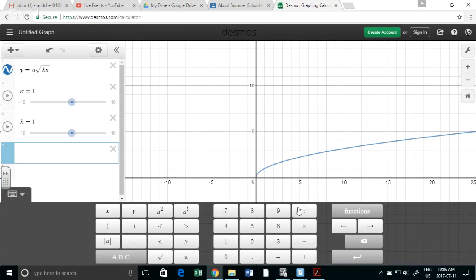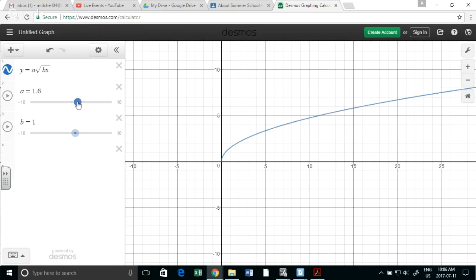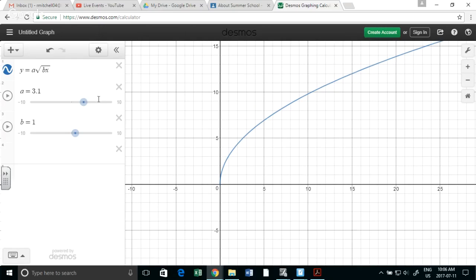When I change the value of a, when I make it bigger, notice here how it stretches it up. We'll go back to 1. What do you think is going to happen if I make it smaller? Well, after 1, it makes it smaller and smaller.